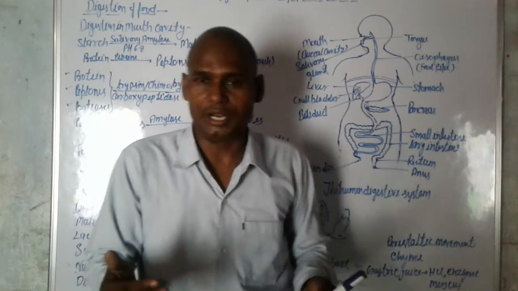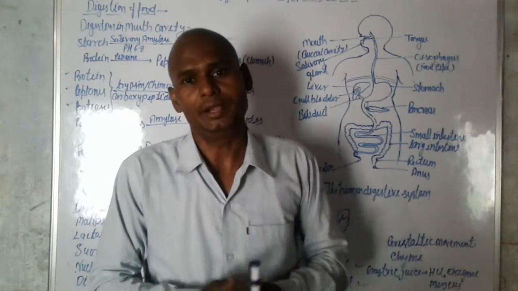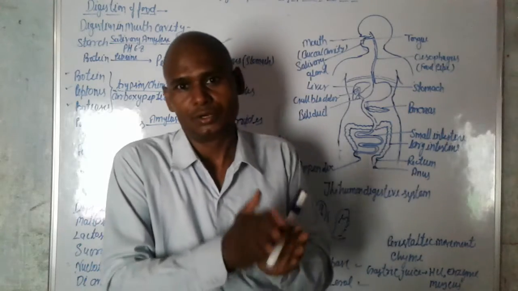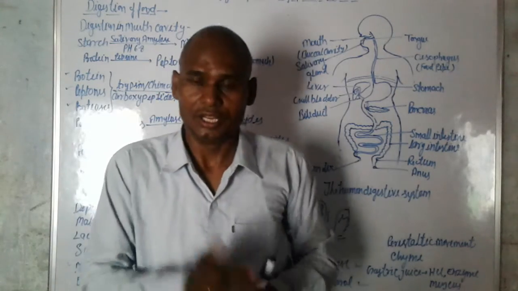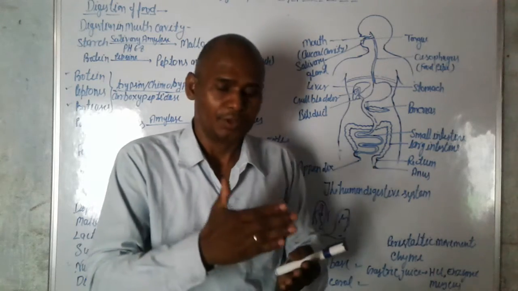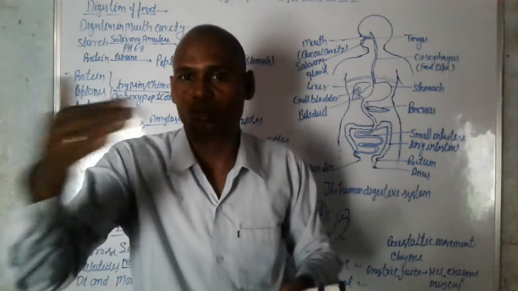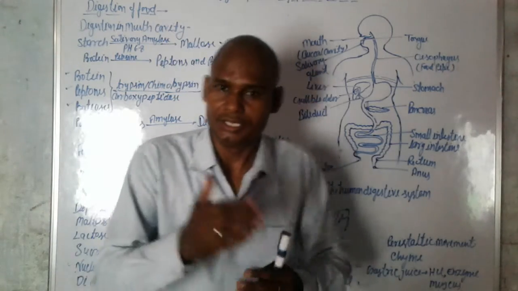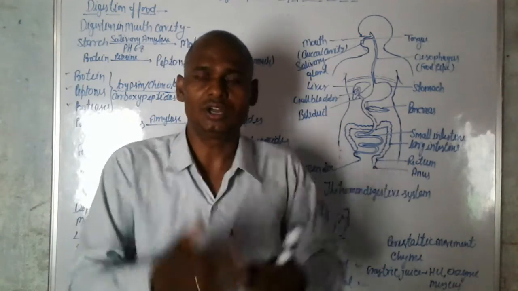We know that our body is built up of cells, so nutrients go to the cells. This is assimilation. When blood or nutrients go to the cells of our body, that is assimilation.